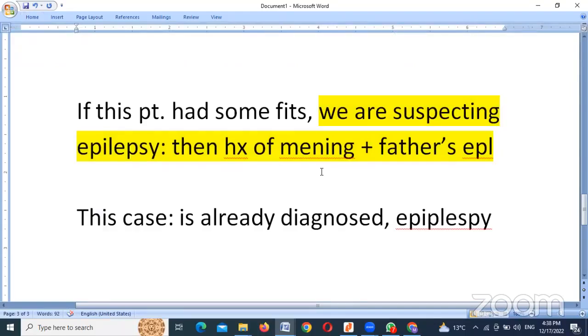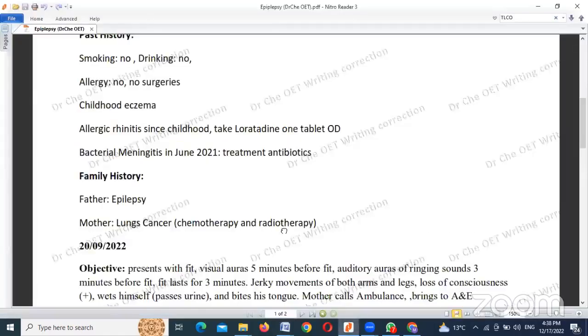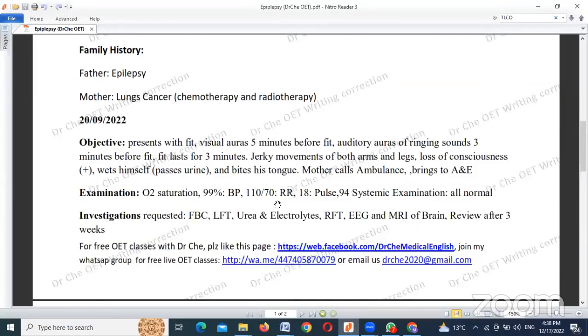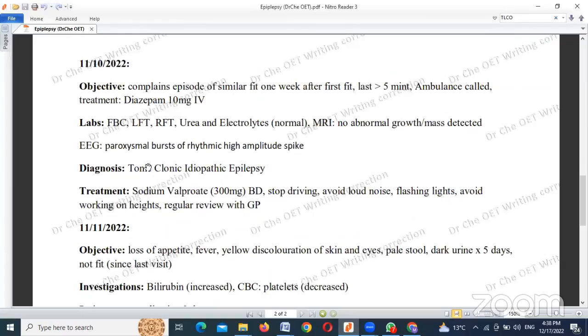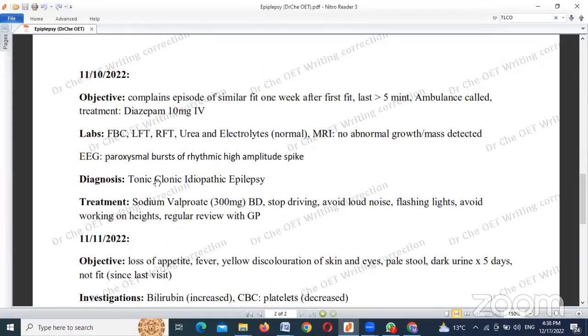But here, this patient is already diagnosed with tonic-clonic idiopathic epilepsy in the second last visit.